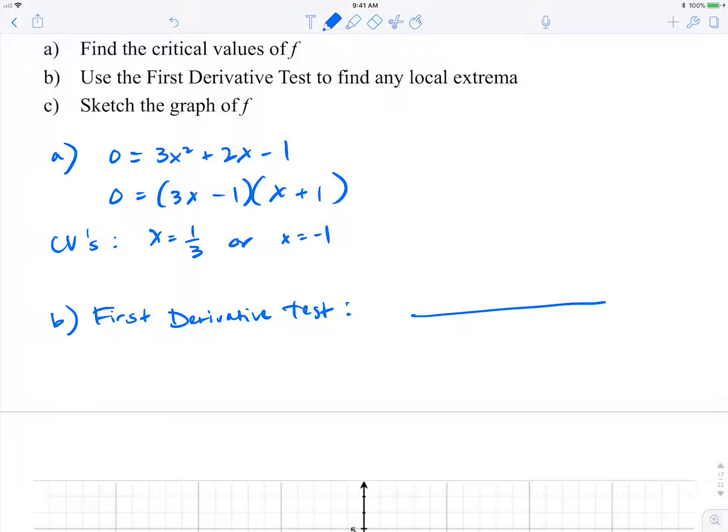So we'll put our critical values in order on the analysis line, and we need to pick values to the left and the right. Okay, so f prime of -2 would be -7.